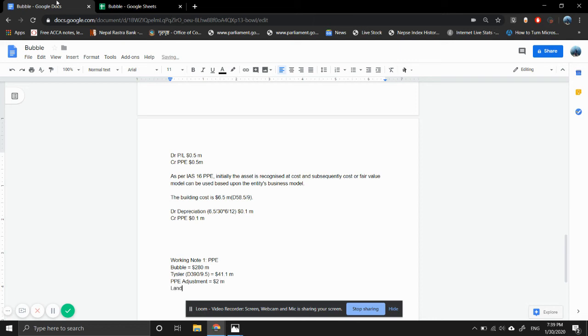And then after that, the adjustment was done. And then depreciation, right? Depreciation is equal to how much? $0.1 million. This would be in minus.